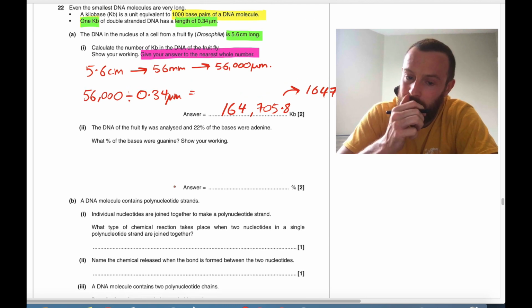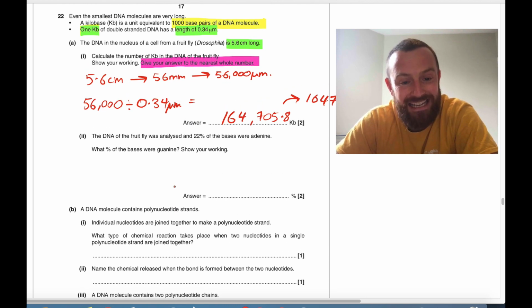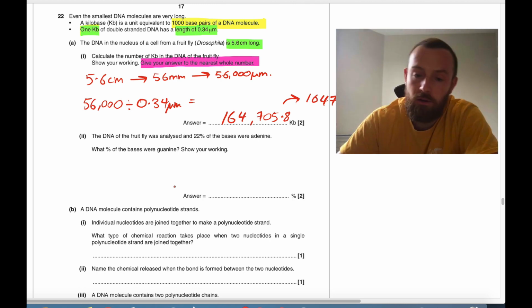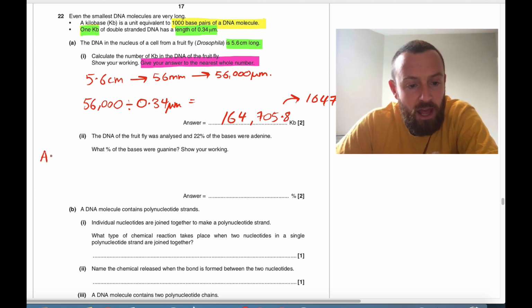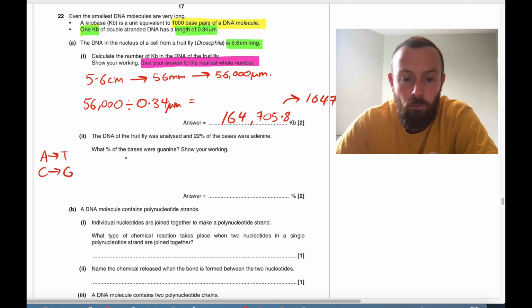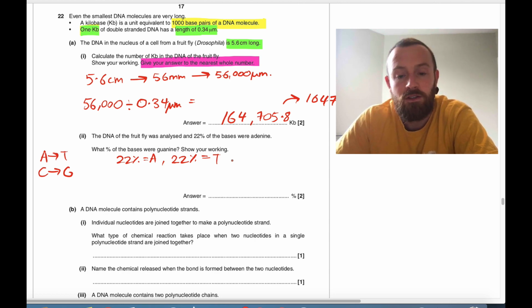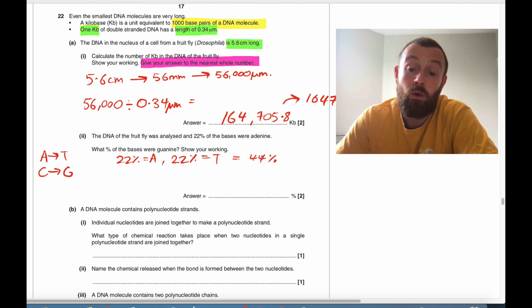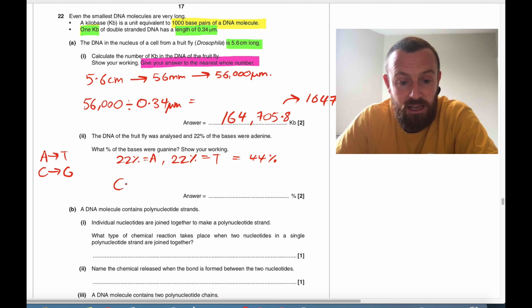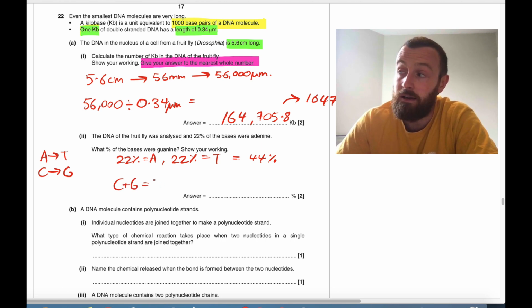The DNA of the fruit fly was analysed, and 22% of the bases were adenine. What percent were guanine? Let's remember that A binds to T and C binds to G. So 22% is A, therefore 22% is T, because there must be equal amounts. Together, A and T equal 44%, which means C plus G is 100 minus 44.